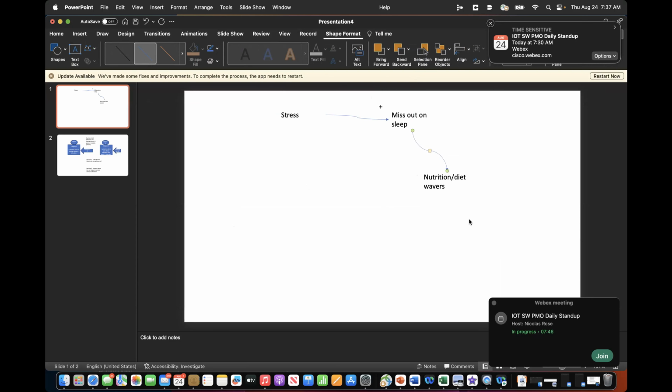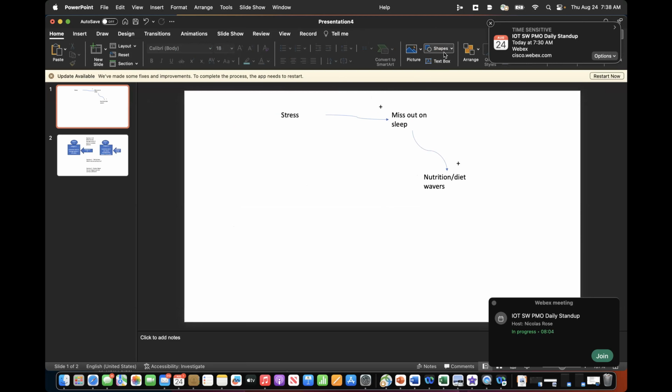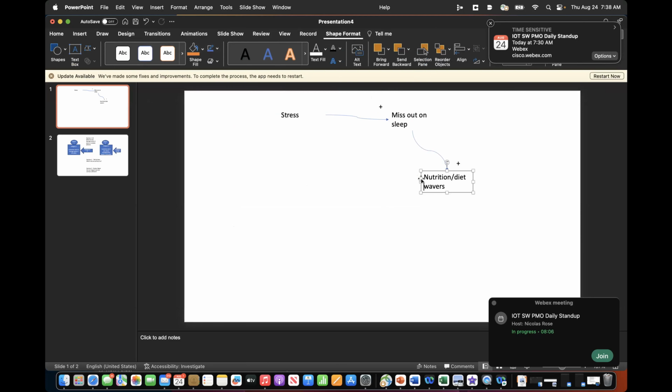That's when I'm too tired to cook and going to fat burgers around the corner sounds like a really good idea, right? And what I found is that my nutrition wavers, what tends to happen with me is my exercise decreases.